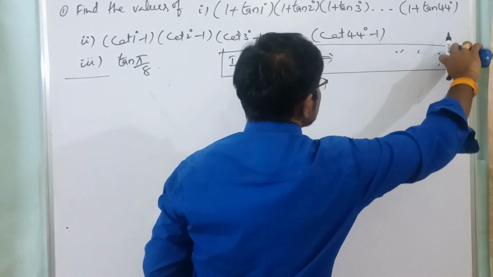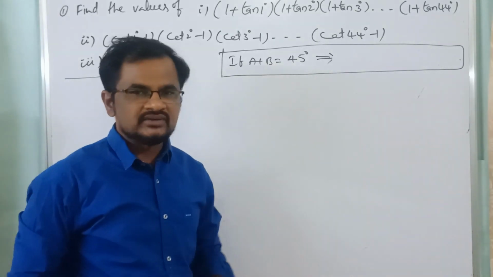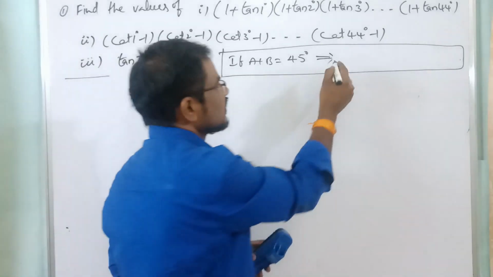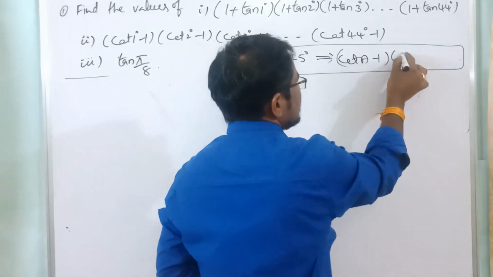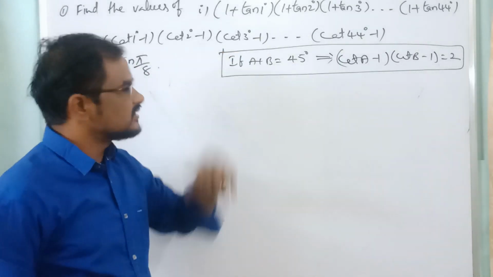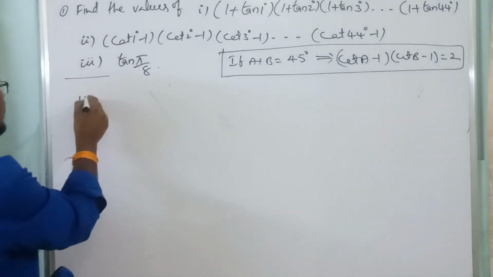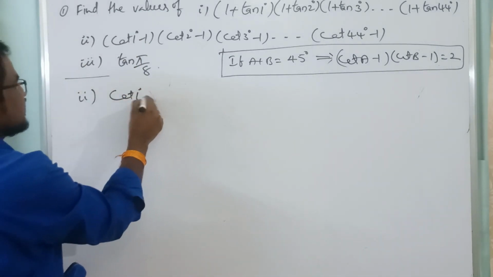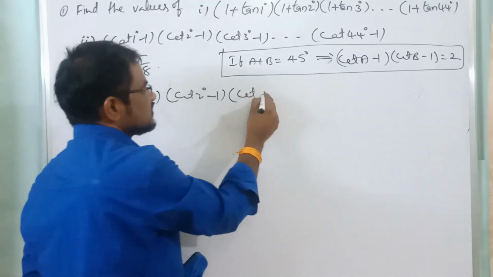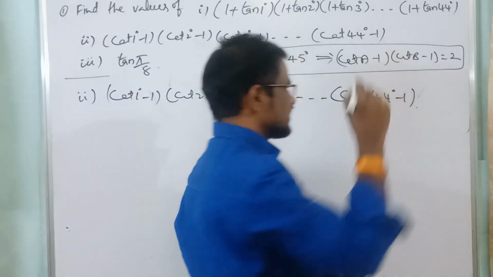Here also, for this second problem, which condition do we have to use? A plus B equal to 45, 1 minus cot A, 1 minus cot B equals 2, or cot A minus 1, cot B minus 1 is also 2, right? Because the given expression is in the form of cot A minus 1. Now, cot 1 degree minus 1, cot 2 degrees minus 1, cot 3 degrees minus 1, so on, cot of 44 degrees minus 1.